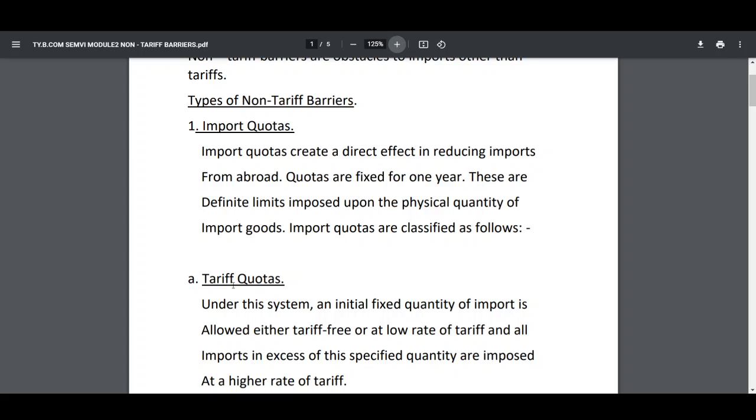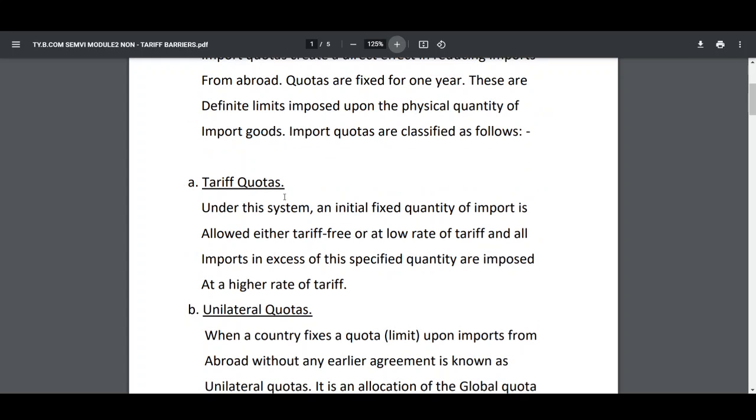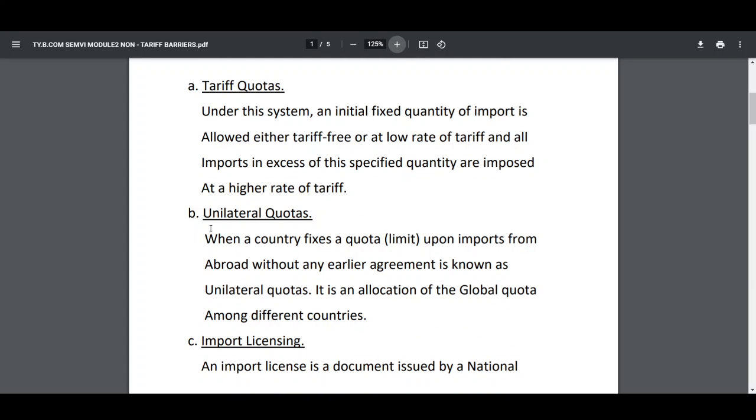First one, tariff quotas. Under this system, an initial fixed quantity of import is allowed either tariff-free or at a low rate of tariff, and all imports in excess of this specified quantity are imposed at a higher rate of tariff. Second one, unilateral quotas.